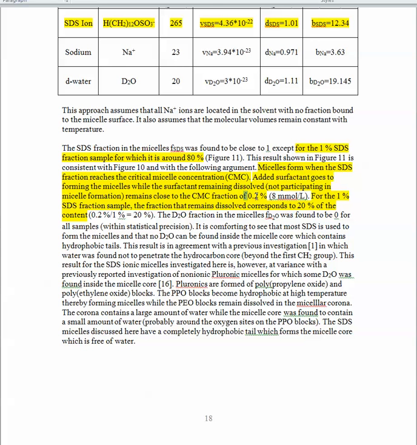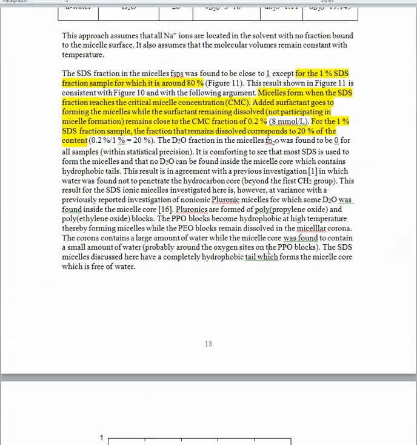So, in other words, for the 1% STS fraction, what remains dissolved corresponds to 20% of the content. So in other words, everything is fine. The results of these material balance equations agree rather well with what we know about the CMC of this micellar system. So we see that 20% times 1% is 0.2. That's the CMC.